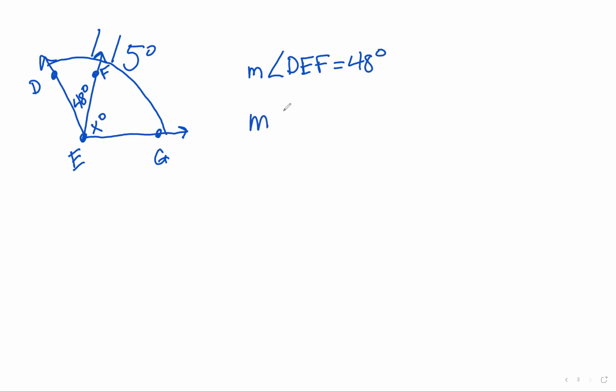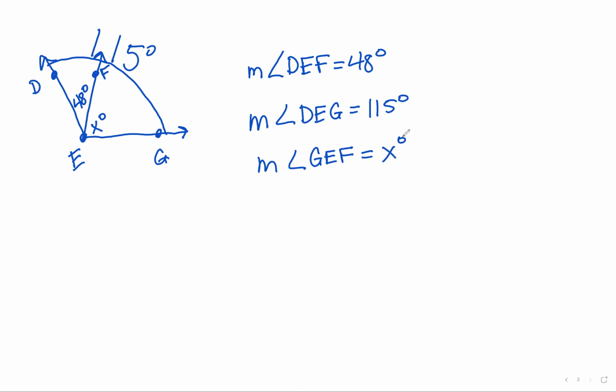And then the larger angle, the measure of angle DEG, I could call it GED if I wanted to. That is 115 degrees according to the picture. So if I want to find the measure of angle GEF, we know that's going to be x, but we can figure out what x is.